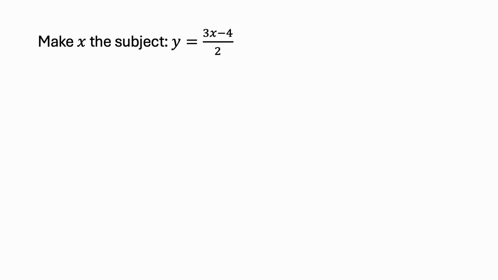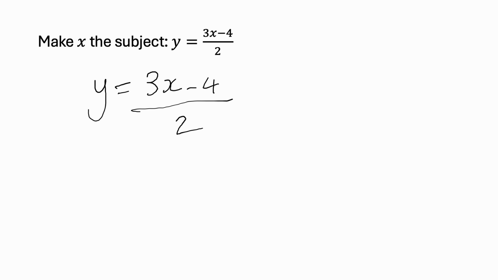Okay, let's look at this one here. So y is equal to 3x minus 4 over 2, and we have to make x the subject here. As a sort of rule of thumb, I'd say, we generally don't really like fractions too much. So if we can, we try to get rid of the fraction.